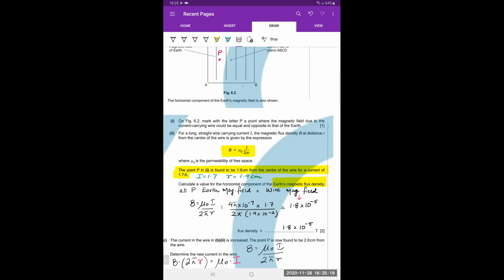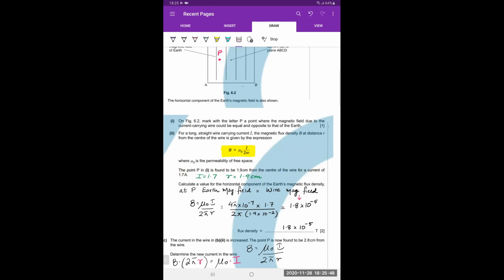Now, mind you, this formula will not provide me with a value for the Earth's magnetic field. But this formula will surely provide me with the value of the magnetic field associated with the wire. So this formula is not meant to give me the Earth's magnetic field, but certainly it is useful enough to help me find the strength of the magnetic field associated with the wire.